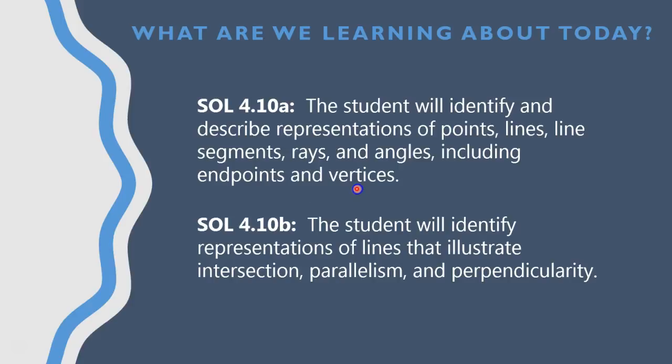These are all things you should be able to recognize when you see it and describe it with words. And then you're also going to be able to identify representations of lines that illustrate intersection, parallelism, and perpendicularity.